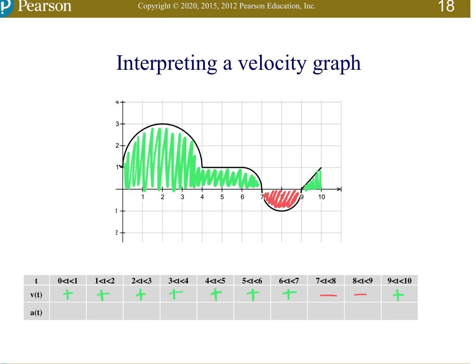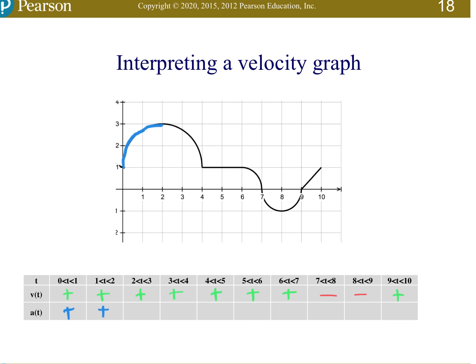Now to do acceleration off this graph, I just need to consider segment by segment what kind of slope it has. This segment right here has a positive slope. It's curving, but it's still positive. And then the next segment continues to be positive.